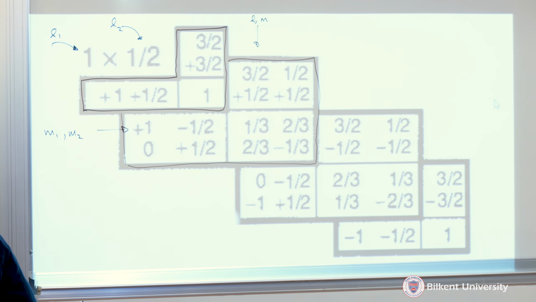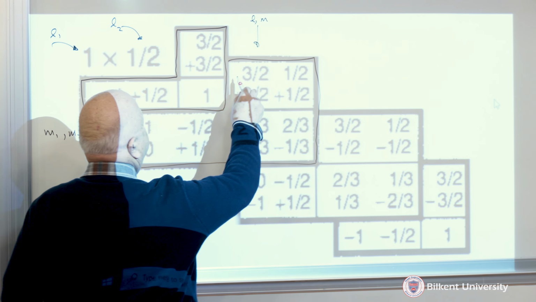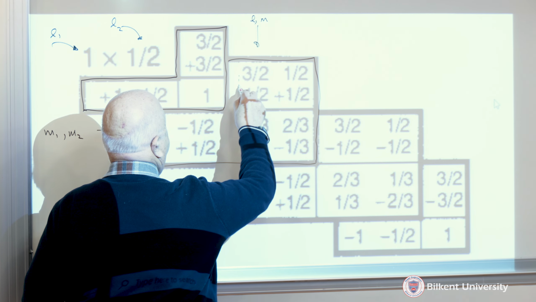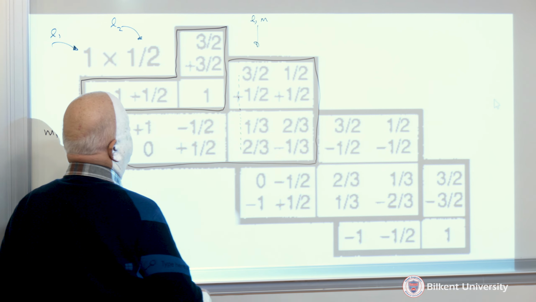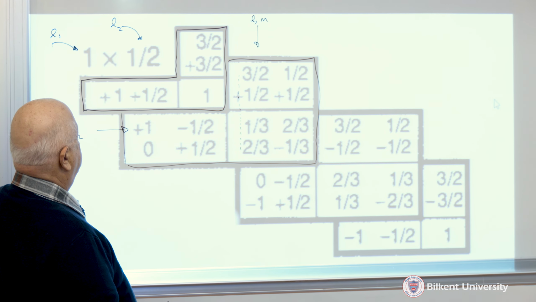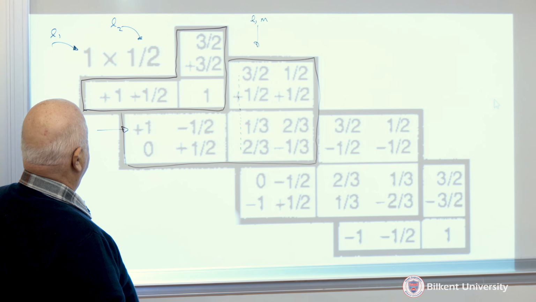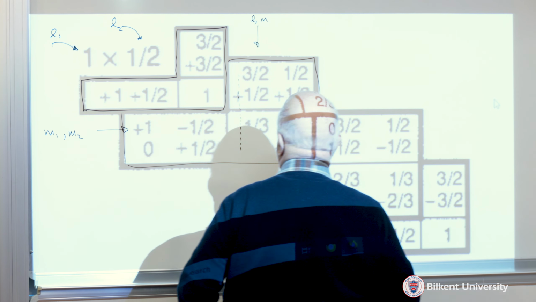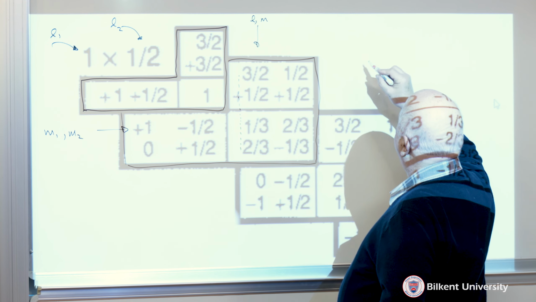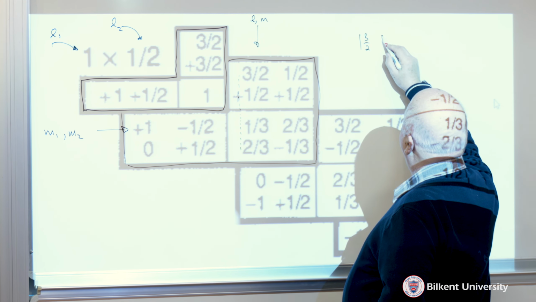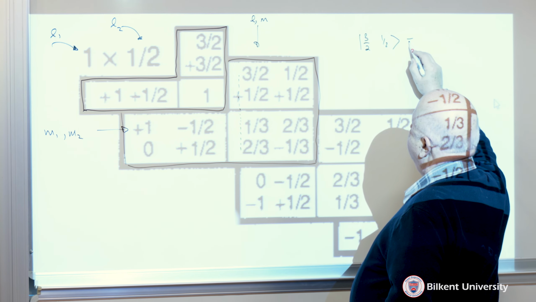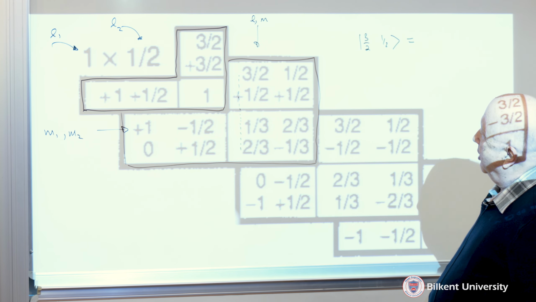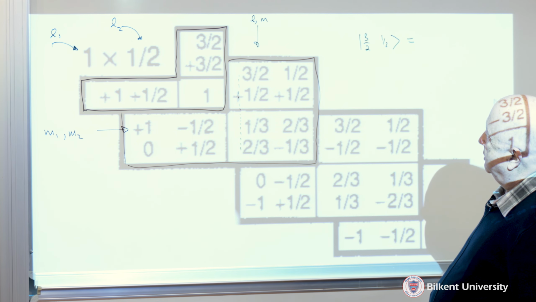Okay, so if you look at, for example, this set of numbers, so I'll just go down here. So what these numbers tell me is that, okay, let's see. I am going to get, okay, so if I look at the 3 over 2, 1 over 2 state, that's equal to, let me just make sure I'm doing the right thing here.